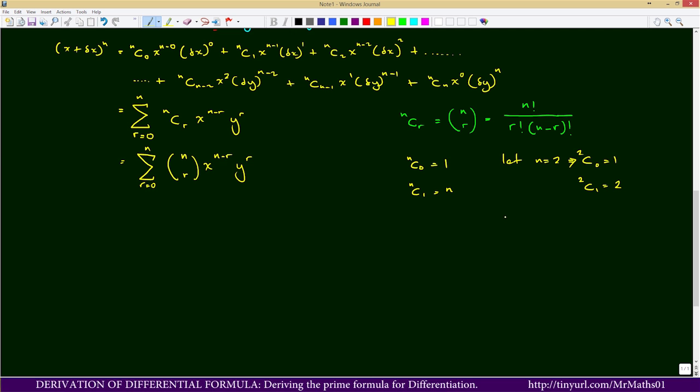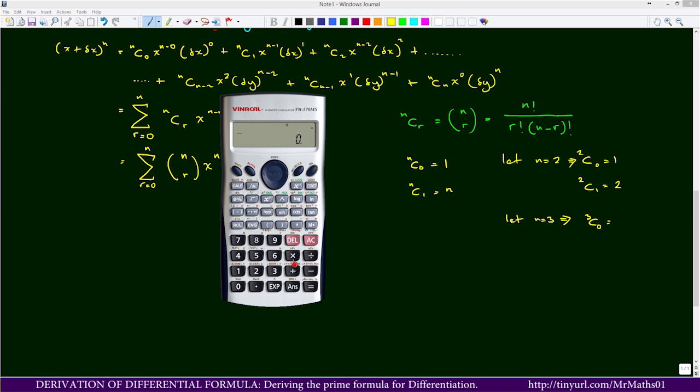So let's pick another example. Let n equal to 3. Okay, so what is the value of 3C0? 3C0 is equal to 1 again.